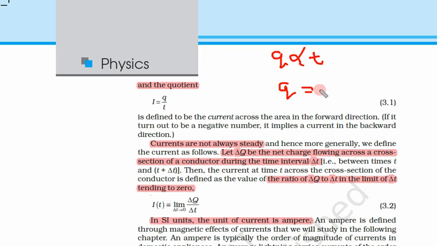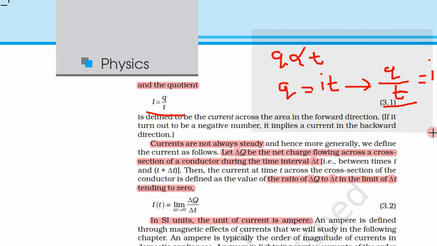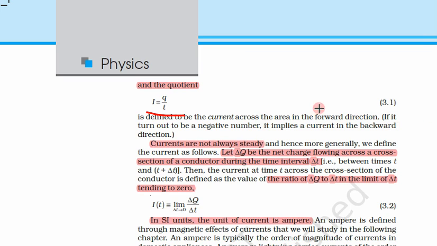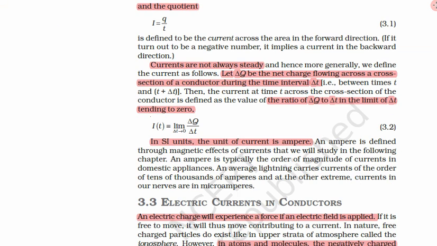Q is equal to I into t, and when you put it like this, Q by t is equal to I, current. So they have shown it with a capital I. So current I is equal to Q by t. So how the charge carriers are flowing with time, that is the current. So this is the current across the area. Current is simply the flow of charges from one side to another.